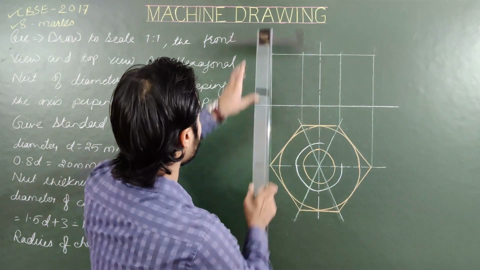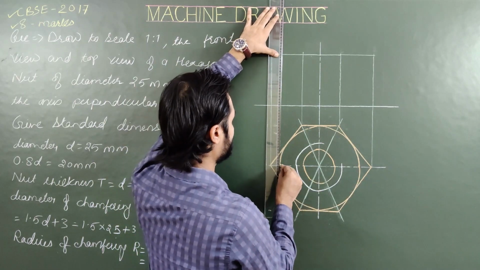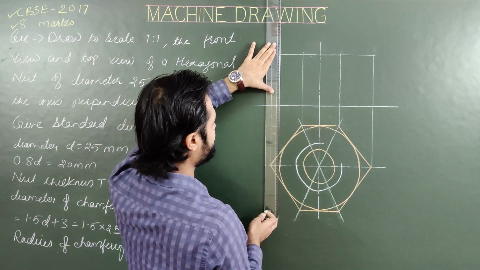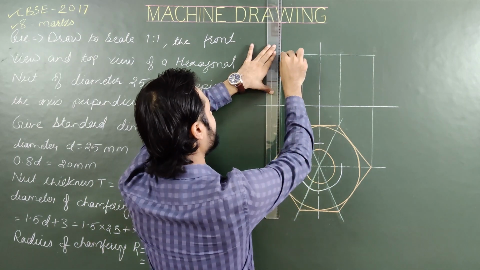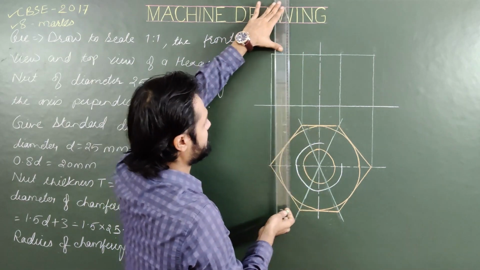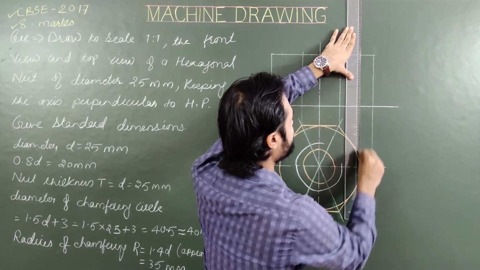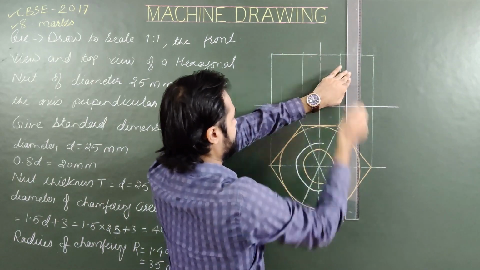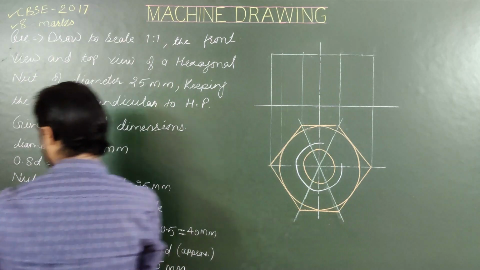Now, next step, again, mark limits of points of intersection of the chamfering circle and the horizontal axis. So project these points up to the top face of the hexagonal nut. These are corresponding points.